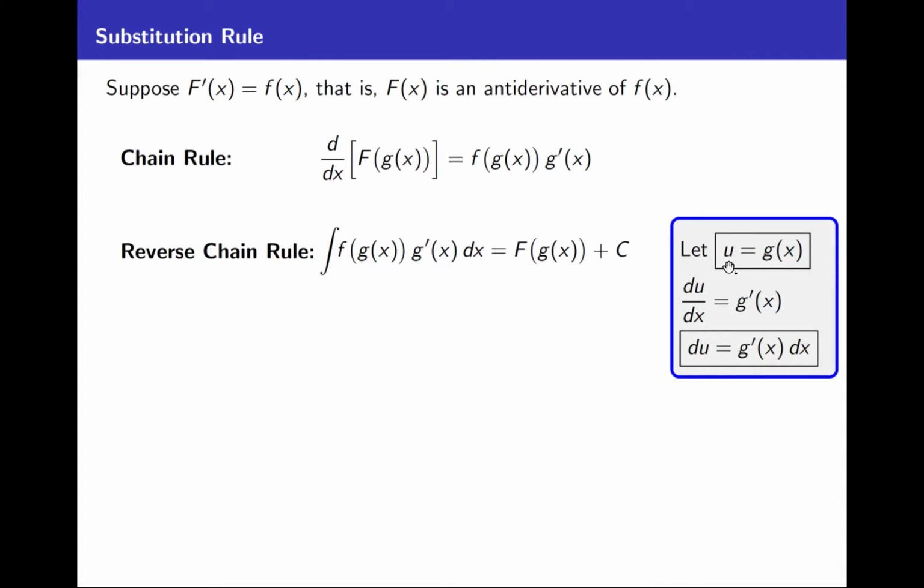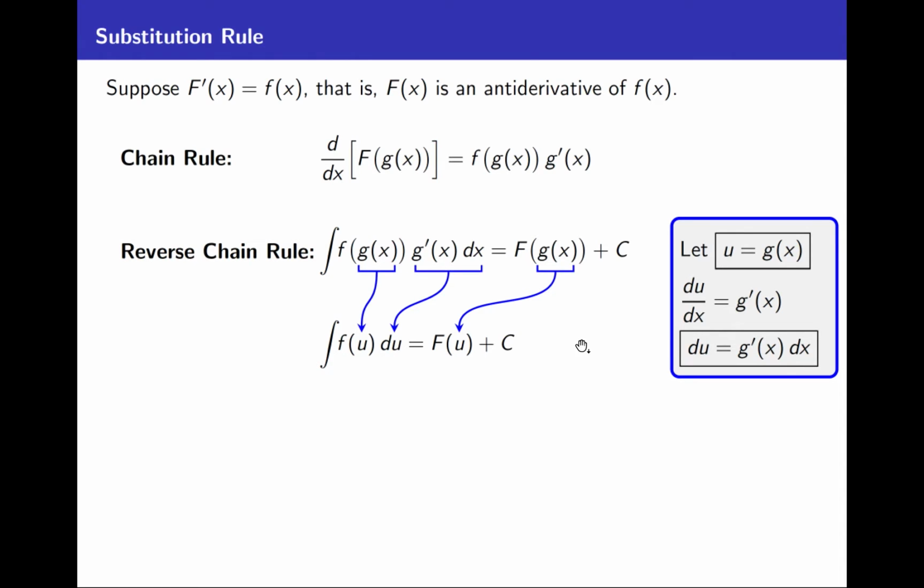And when you make the substitutions that are given in the boxes here, in this reverse chain rule, you replace each g of x with u, and the g prime of x dx you replace with du. You get a simple integration formula. The integral of f of u du equals big F of u plus c, when you make those substitutions.